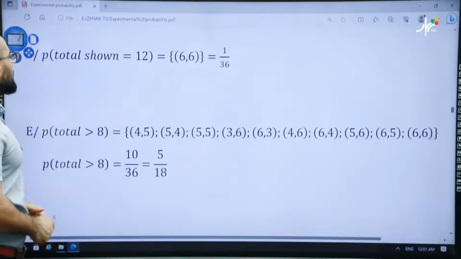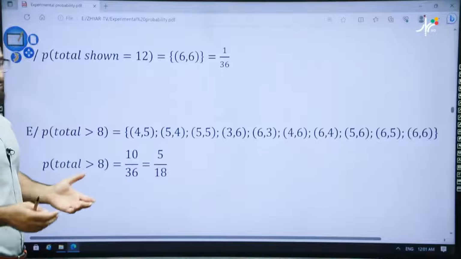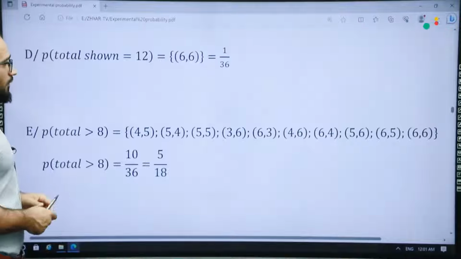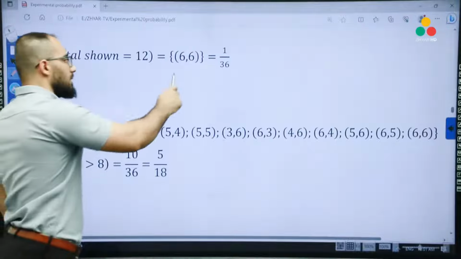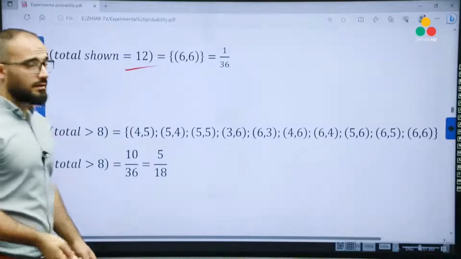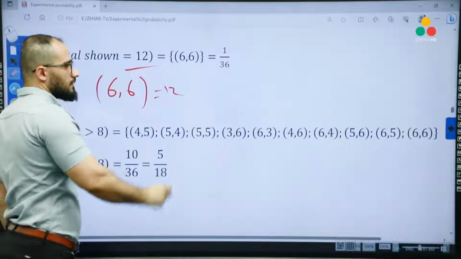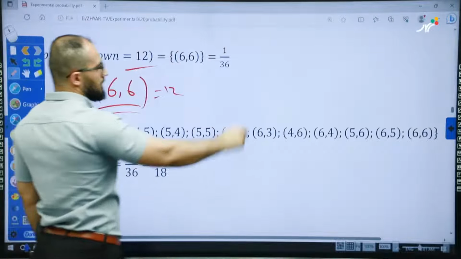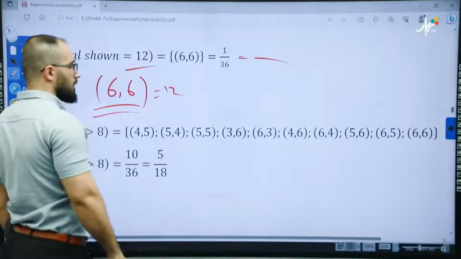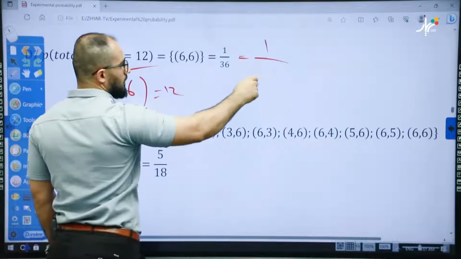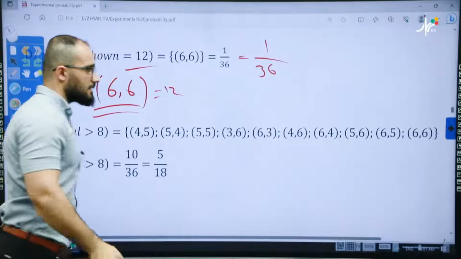Then we have a total shown 12. Add two numbers among the sets and get 12. There's only one result, and it is 6 plus 6 is equal to 12. So we have only one result. That's why the answer is 1 over 36.